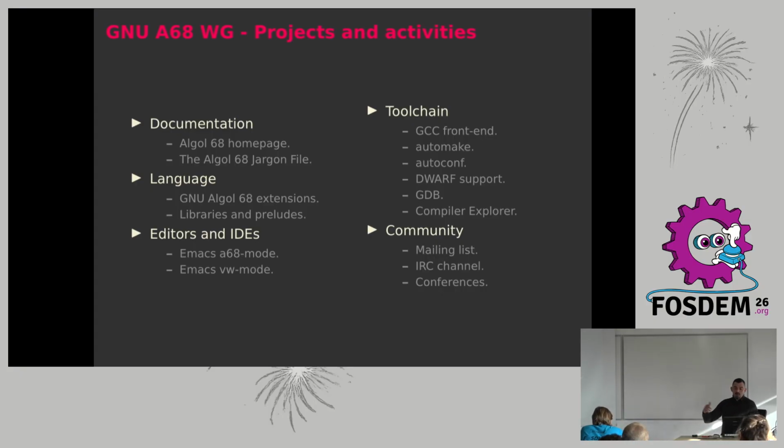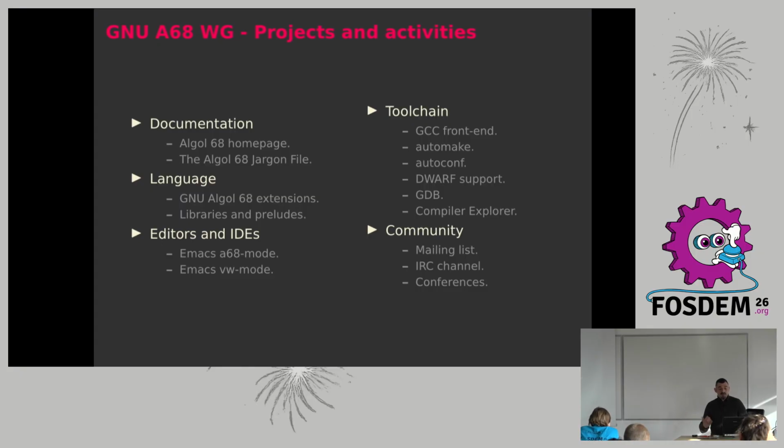Well, basically, we do all sorts of things. We do documentation. As Thomas mentioned, we have a homepage for the language, because now you have to have a website for the programming languages. We have a jargon file. We will see later why we have that. And we are evolving the language.